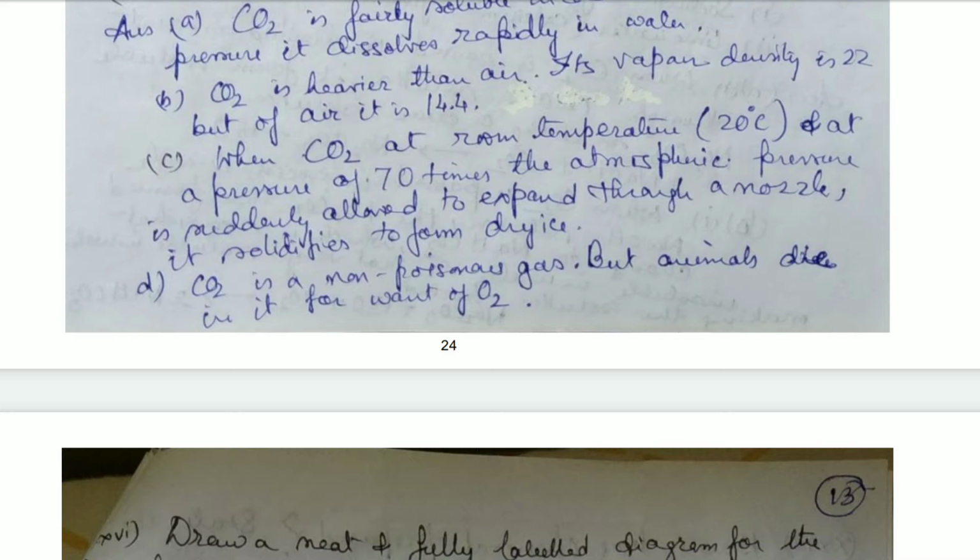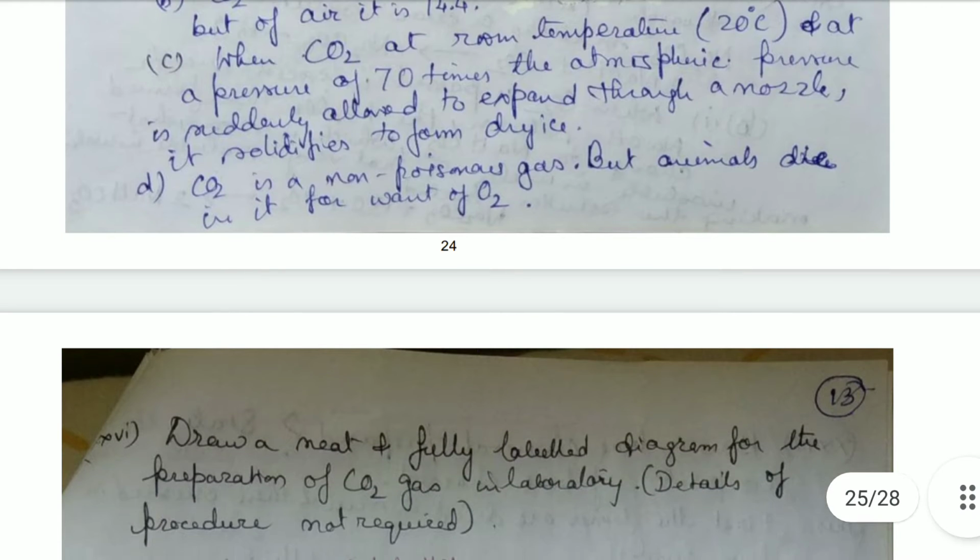That means under high pressure and at room temperature, when carbon dioxide at 70 times the atmospheric pressure is allowed to pass through a nozzle and expand, with the outside temperature at 20 degrees centigrade, it will solidify into dry ice.